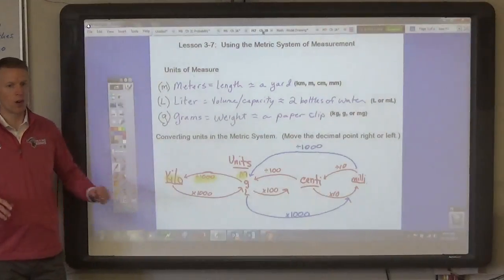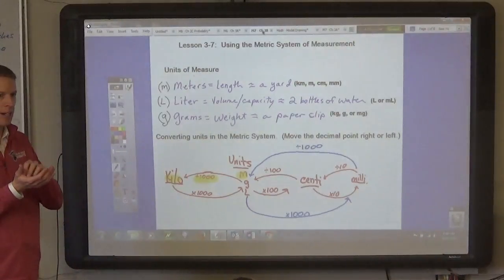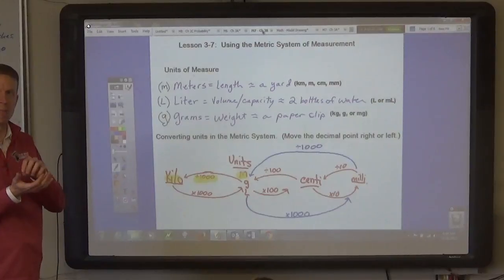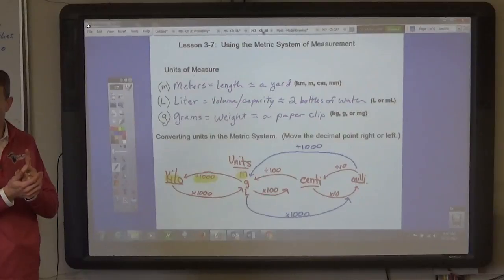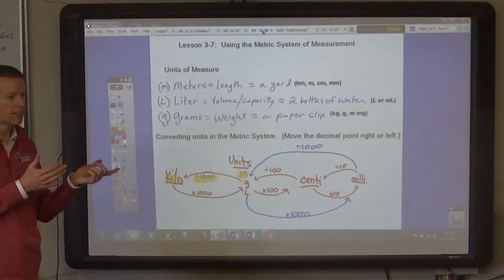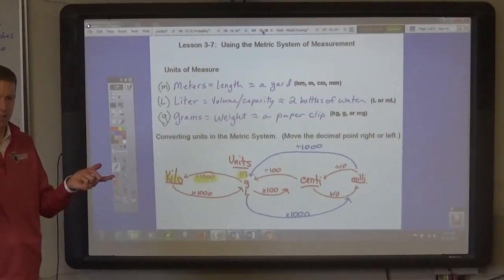So, would your body mass be more in kilograms than pounds, or less in kilograms than pounds? If 1 kilogram is 2.2 pounds, then it would be less. You would weigh less in kilograms than you would weigh in pounds.